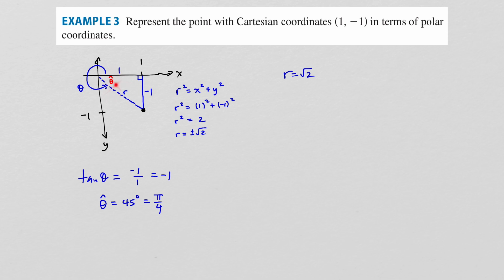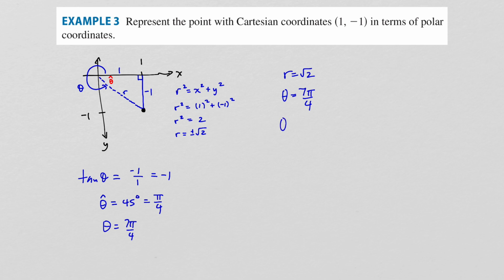So if this is pi over 4, then from here to here would be the angle 2 pi minus pi over 4, and that would give us 7 pi over 4. So if r equals radical 2, theta equals 7 pi over 4. But again, remember, there's infinitely many answers for theta.